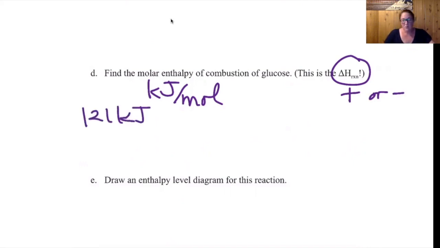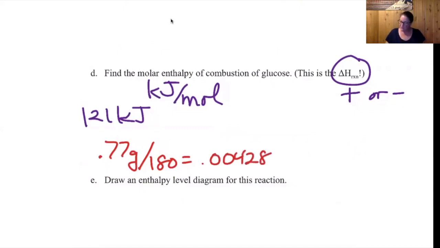To get the moles, I need to use the fact that I know when it was in the data table, that there were 0.77 grams of glucose. Dividing that by the molecular weight of glucose gives me its moles. 0.00428. So now to get the kilojoules per mole, 121 over 0.00428.